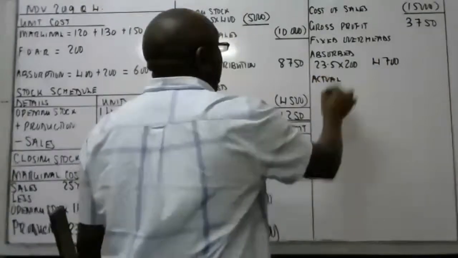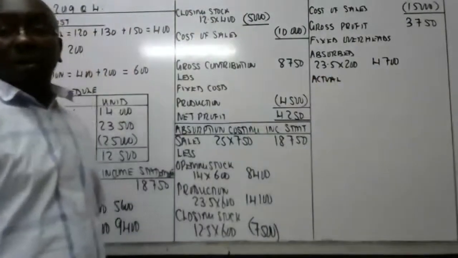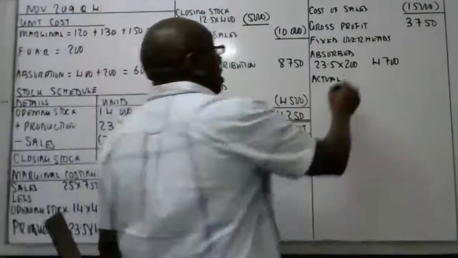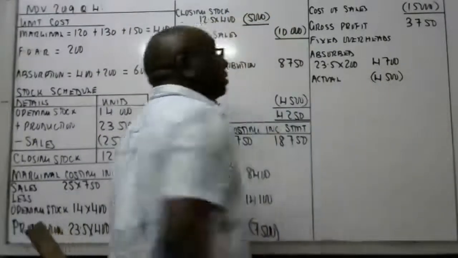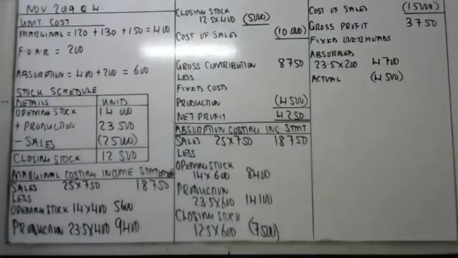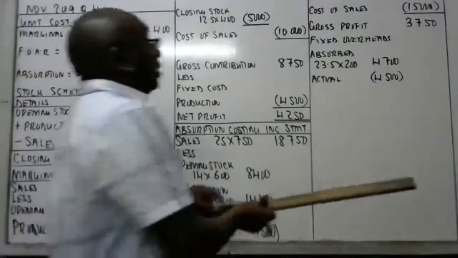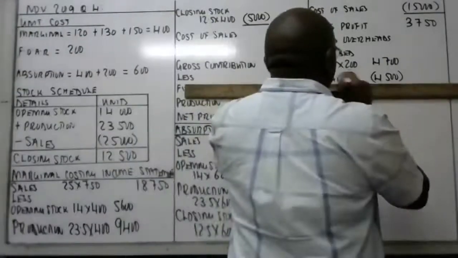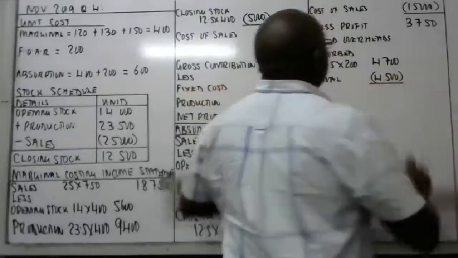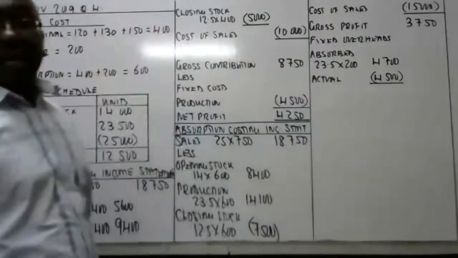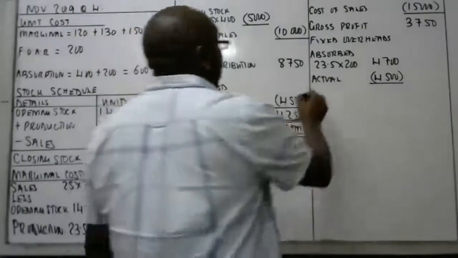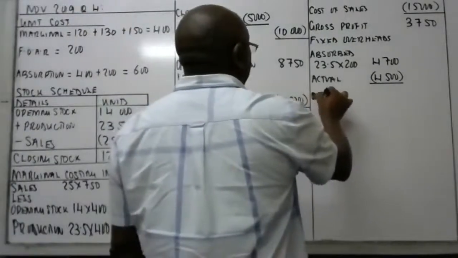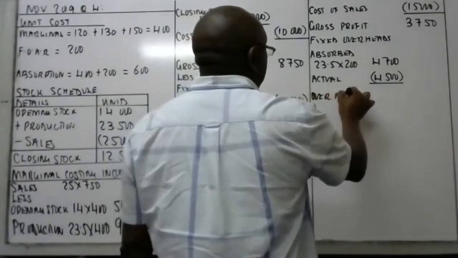Then you bring the actual. The actual is 4,500. You subtract. And when you subtract, you get a case of over. That's good, Jamal. That is over absorption.